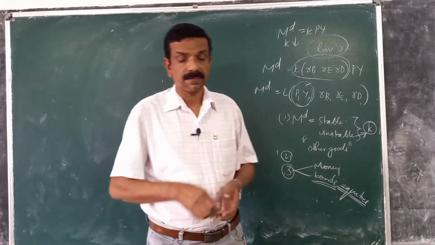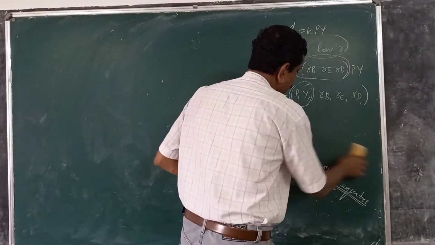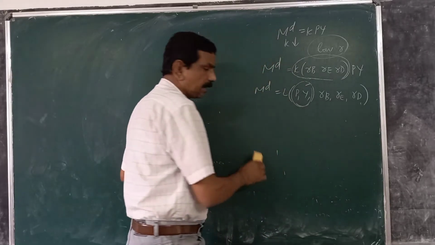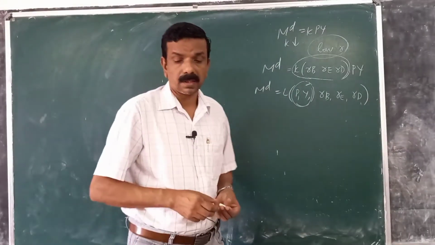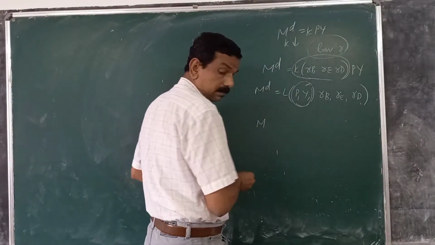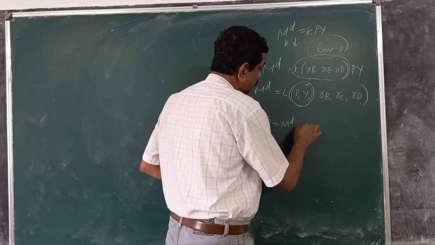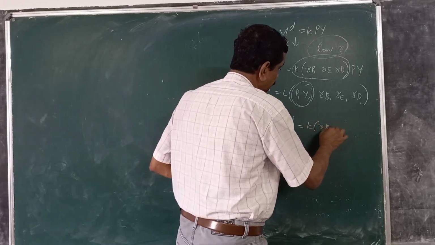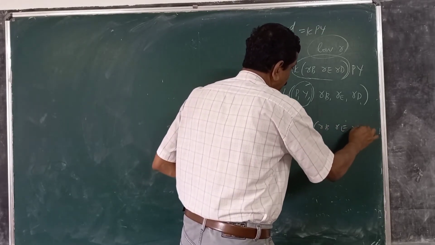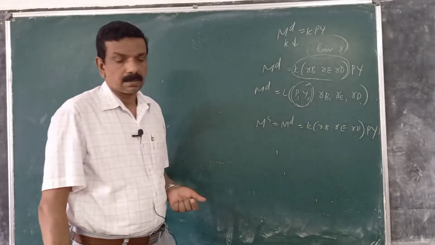And in Friedman's version of the quantity theory, in equilibrium, MS is equal to MD is equal to K of RB, RE, RD, PY.